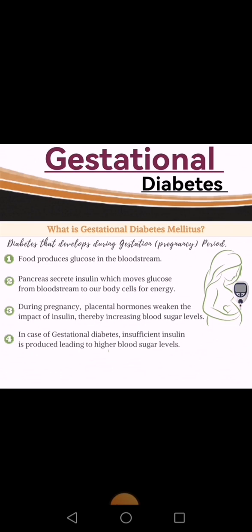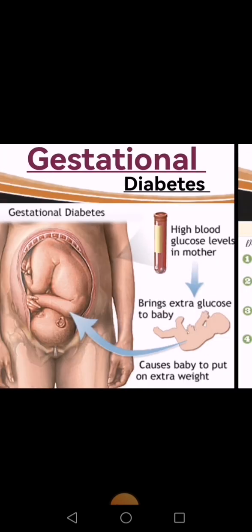So the natural production of insulin is inhibited, decreased, or disturbed due to the presence of placental hormones. That's why overall we can say that there is a rise in blood sugar in a pregnant woman. In gestational diabetes, insufficient insulin is produced, leading to higher blood sugar levels.